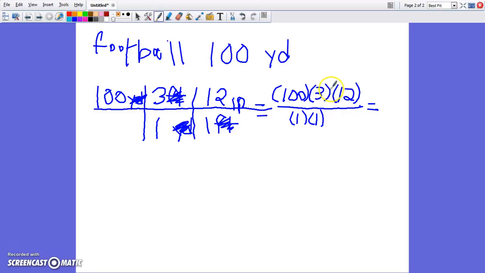You can yell at me tomorrow if I multiply wrong, but 3 times 12 is 36 times 100 is 3,600. And 1 times 1 is 1, and that's on the denominator, so it just says 3,600 inches in a football field. Okay?